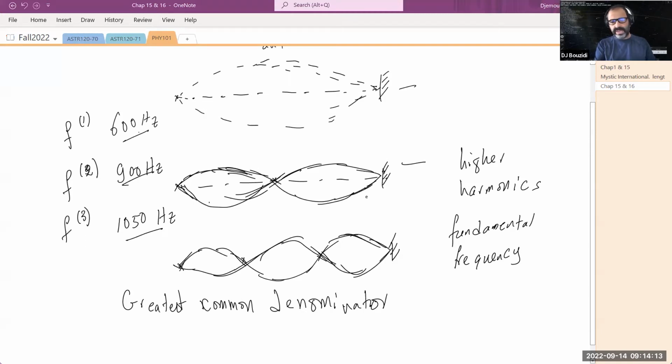Because if you divide 600 by 10, you will find 60. If you divide 900 by 10, you'd find 90. If you divide 1050 by 10, it's 105. So we'd be tempted to say it's 10, but it's actually more than that. Why? Because actually 3 also is a common divisor of these. 600 divided by 3 is 200. 900 divided by 3 is 300.